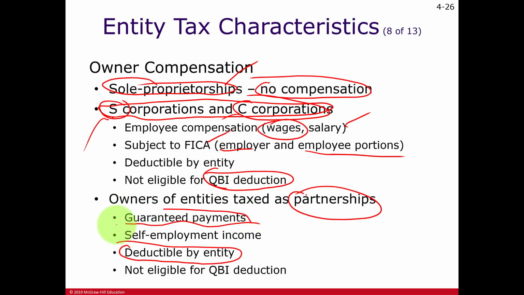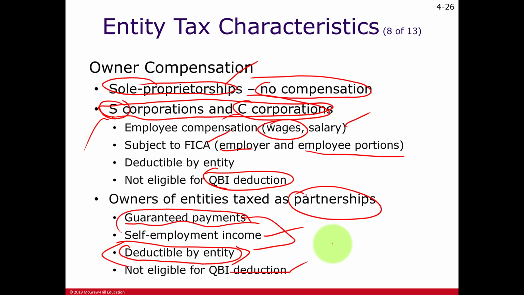So both the guaranteed payment and the remaining income, after subtracting this out, is subject to income taxes to the partners and self-employment taxes to the partners.